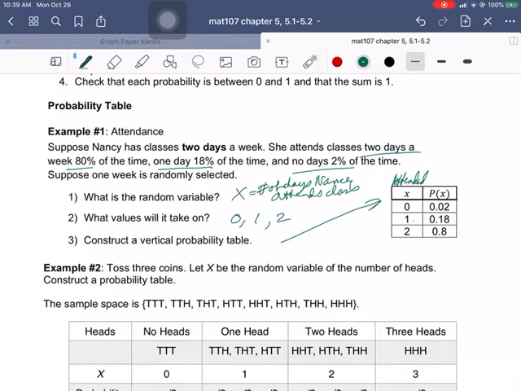So the given information says that she attends both days 80% of the time, so that's that one right there. She attends no days 2% of the time. When you add them all up, you get a 1, right? Or 2% plus 18% plus 80% is 100%, okay? That's all there is to that.